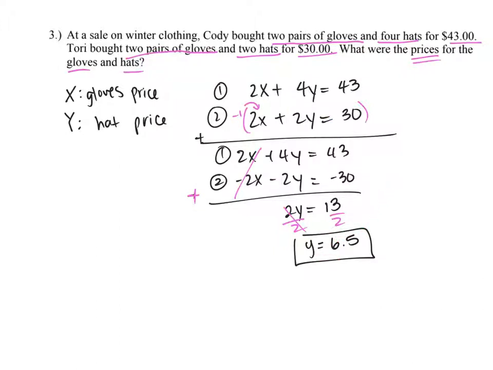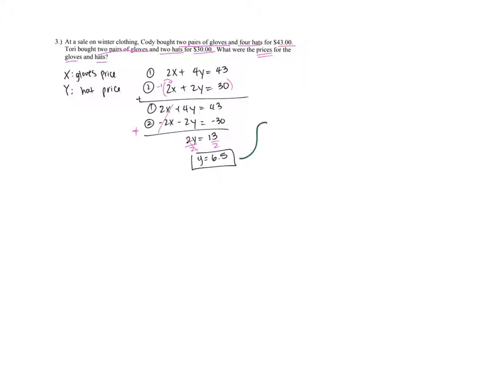How about this time I plug it into equation 2? So I'm going to shrink this down a bit so we have some more room. Remember, it doesn't matter which one you plug in, but when you're plugging it into equation 2, I'm just going to plug in what the original equation used to be. So that was 2x, I don't know what x is, plus 2 times y, which is 6.5, equals 30.